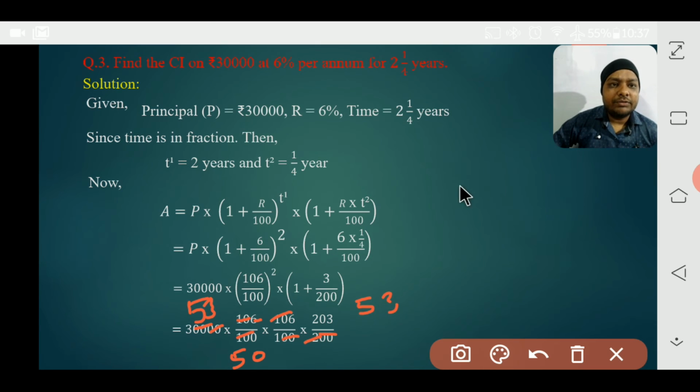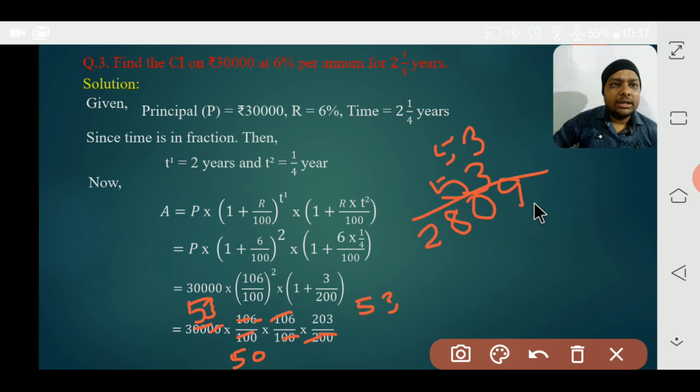So let's multiply at first 53 into 53. So 53 into 53 will be what? Let's see. 3 threes are 9, 5 threes are 15, then 15 plus 15 is 30, 0 carry 3, 5 fives are 25 and 3 is 28. Okay, done. And for 203: 3 threes are 9, and 2 zeros, and 2 threes are 6.